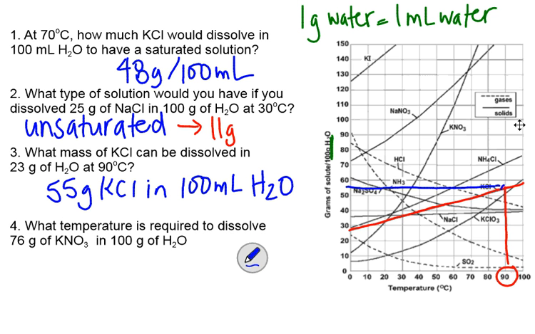That's what I read off the graph, but that's not the answer to my question. My question is, what mass of KCl can be dissolved in 23 grams of H2O?